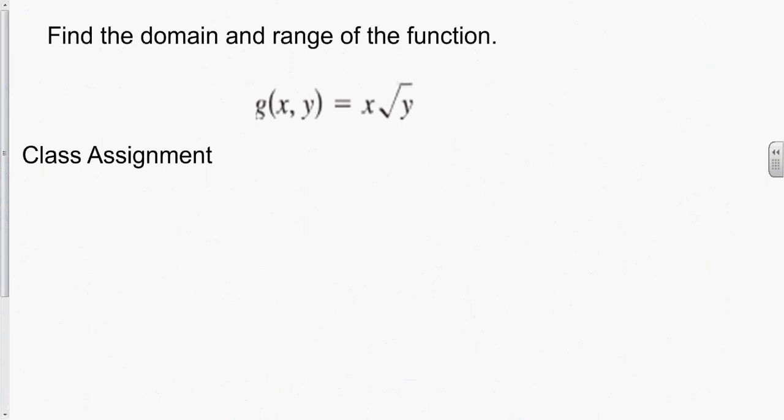All real numbers. You get a restriction on y, but x can be any number. So x could be negative times a positive number, you still get negative numbers, right? So you get negative, positive, and also x or y could equal 0. So for the range, it could be negative, positive, or 0. Very good.